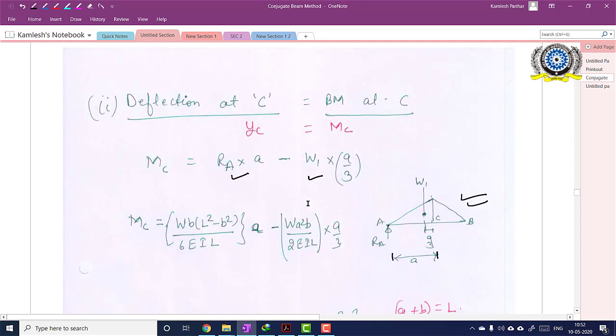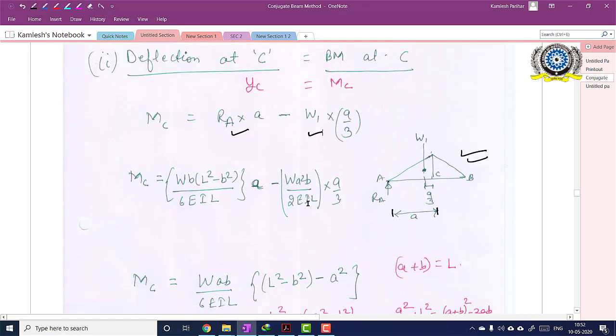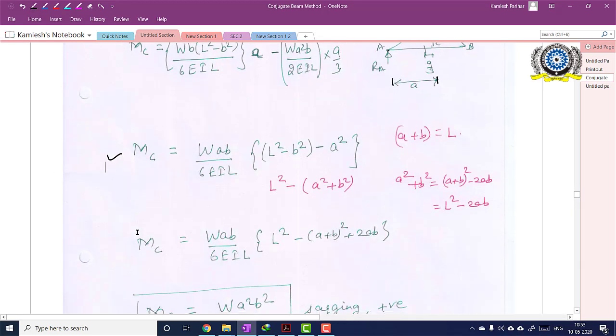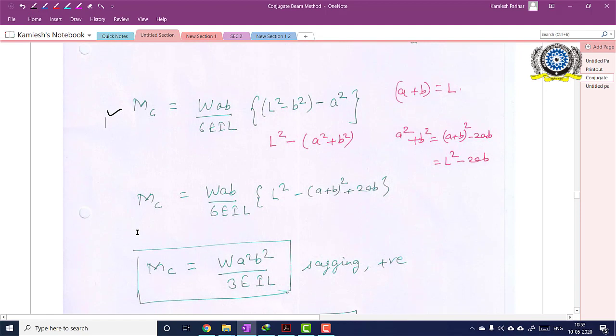And again, it is very simple mathematics. You can solve it. What you will find is that MC, the moment at C, is calculated to be, these are the steps of these calculations. And what I finally calculated is MC as WA square B square upon 3EIL.